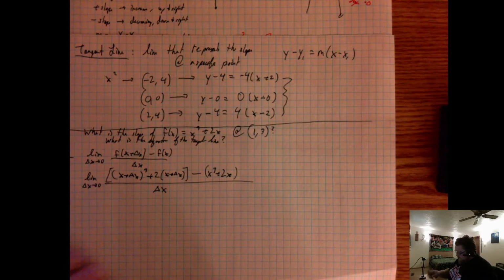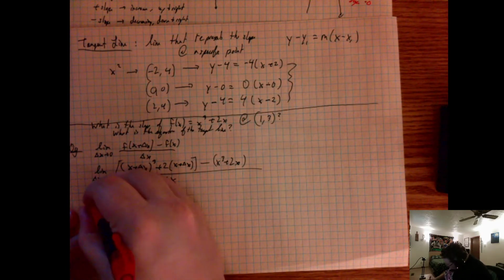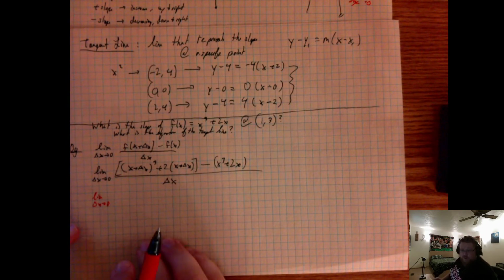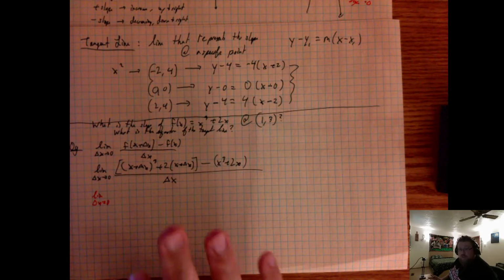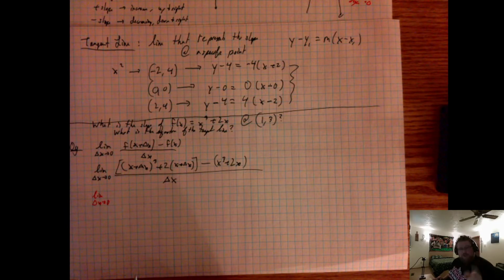Let's do this. This would become the limit as delta x approaches 0. Now I happen to know how to cube these in my head. If you don't and you're cubing them by hand, make sure you match my solutions. If not, double check your work and make sure you're getting the same answers I am.